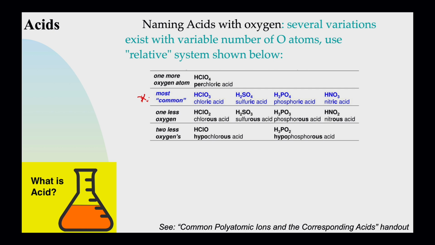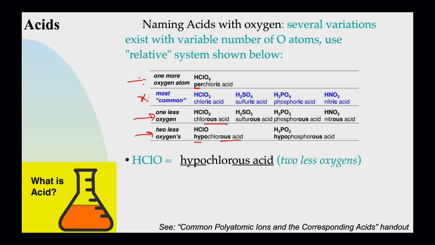Then as you take away an oxygen, it goes from an ic acid to an us acid. And if you take away 2 oxygens, hypo-ous acid. On the other hand, if you add an oxygen, which happens sometimes, then you have a per-ic acid next to it. So this gets a little bit weird.